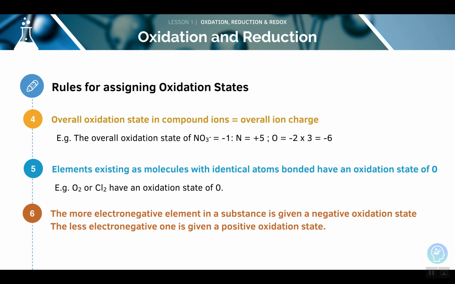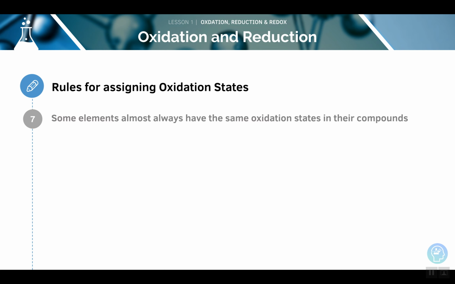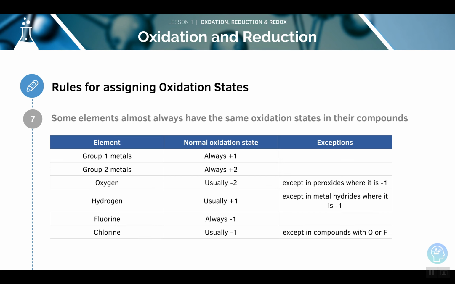Next, we need to know that a more electronegative element in a substance is given a negative oxidation state. The less electronegative one is given a positive oxidation state. It's useful for you to know that fluorine is the most electronegative element, followed by oxygen. Some elements almost always have the same oxidation states in their compounds.